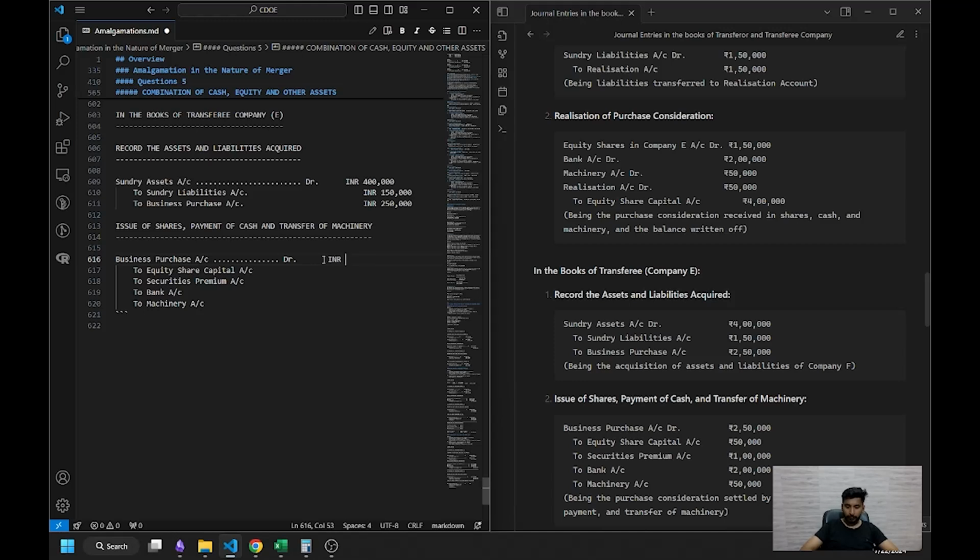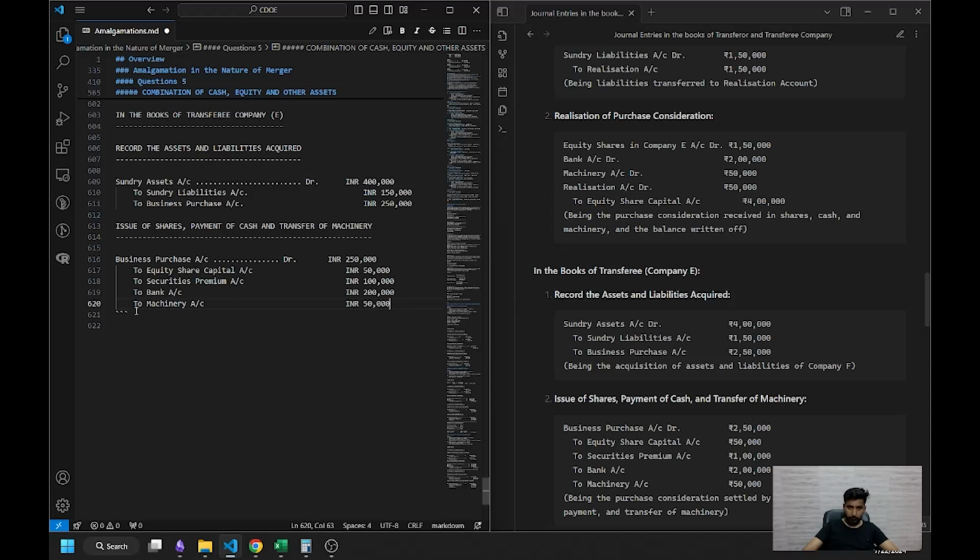The amount will be rupees 2,50,000. Here the amount will be 50,000. The amount of securities premium will be rupees 1 lakh. The bank account will be rupees 2 lakh. And the machinery account will be 50,000.